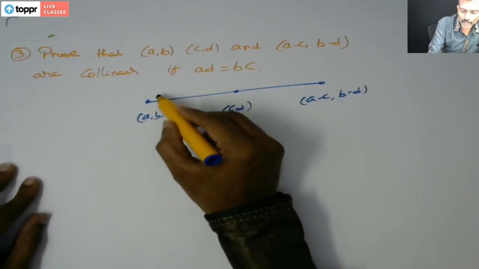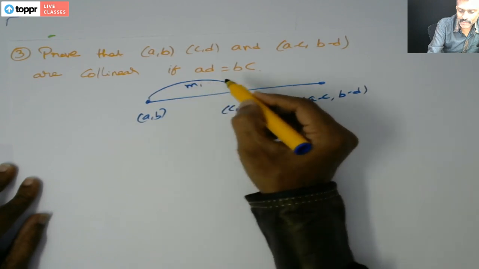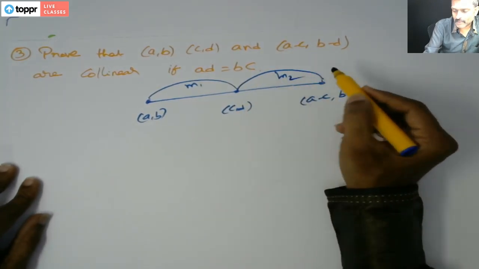So I'll find the slope of this. Let me name it M1 and I'll name the other slope M2.